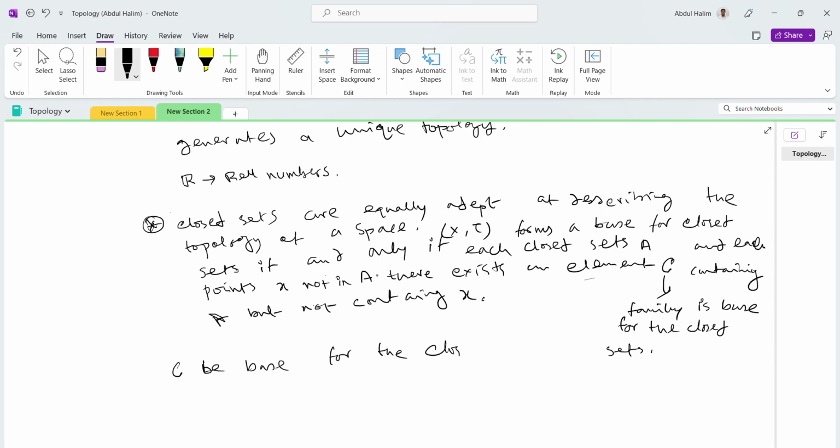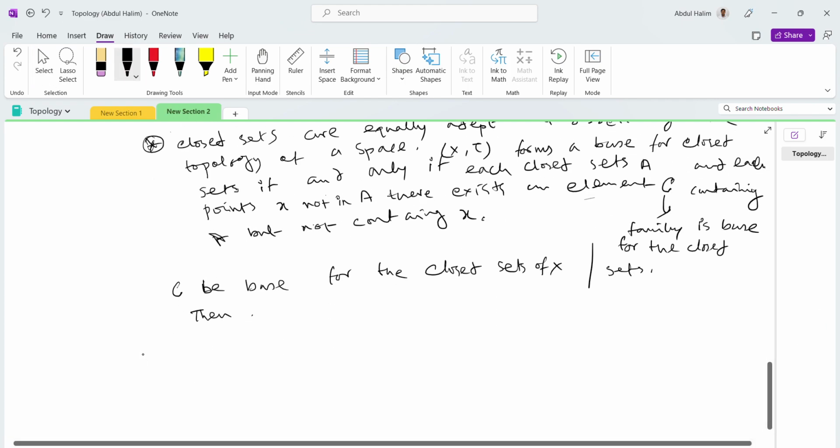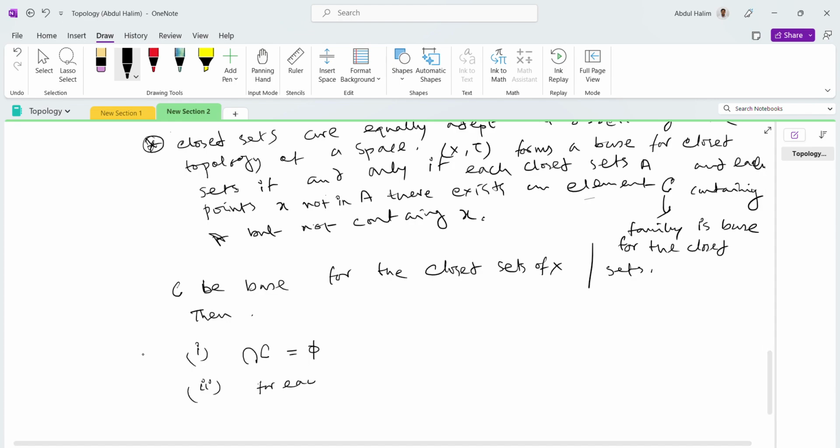Now, if C is a base for the closed sets of X, then it satisfies two conditions.